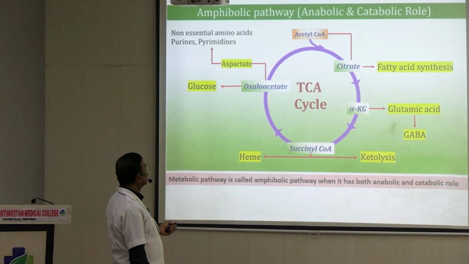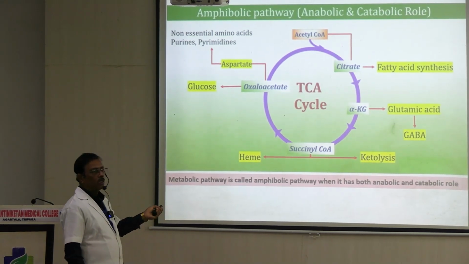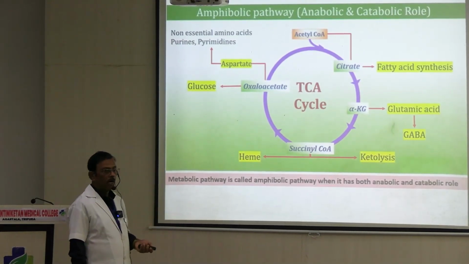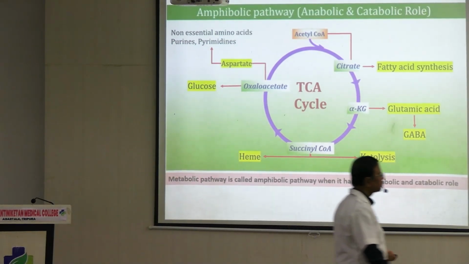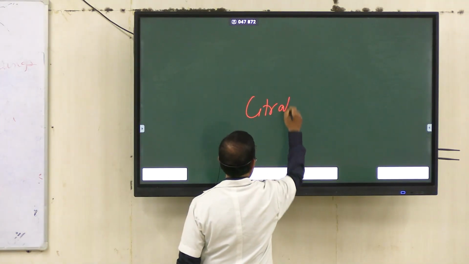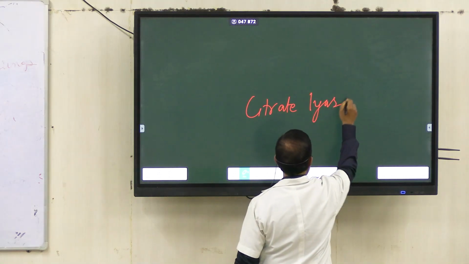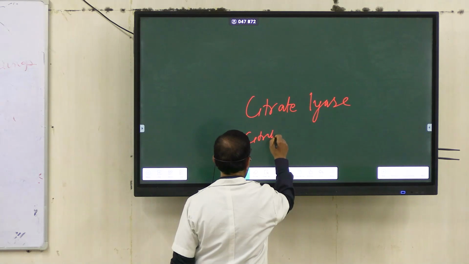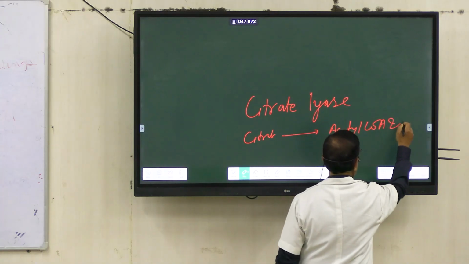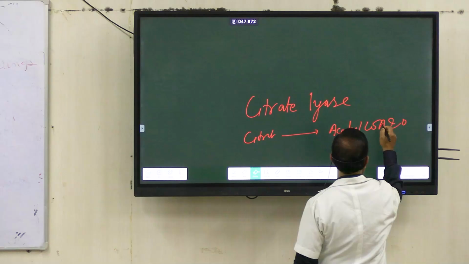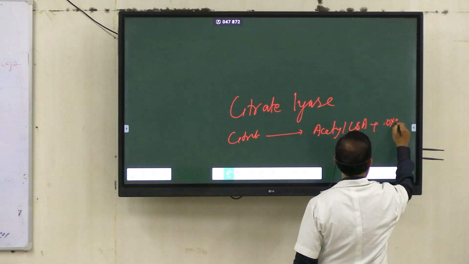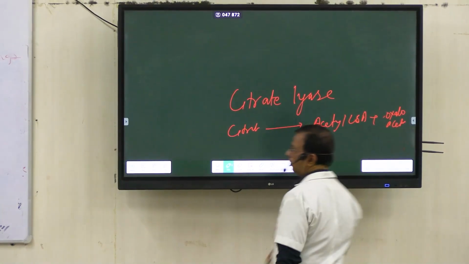But what is the anabolic pathway? Citrate in the mitochondrial matrix is carried to the cytosol and acted upon by citrate lyase, which converts citrate into acetyl-CoA and oxaloacetate.